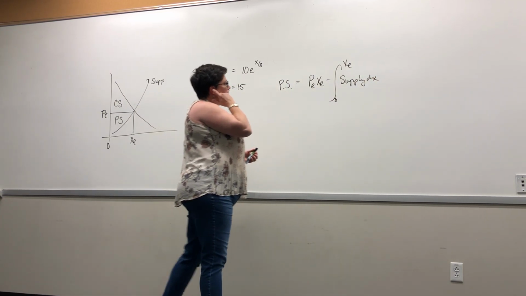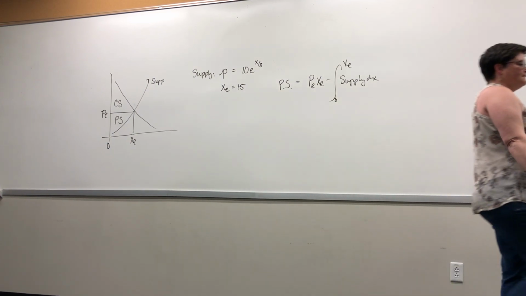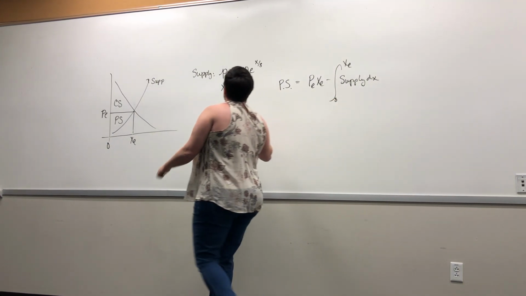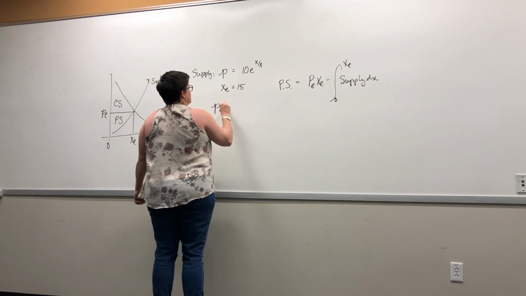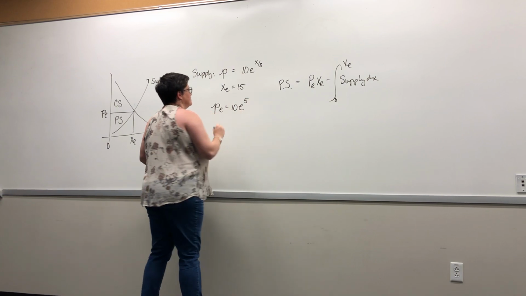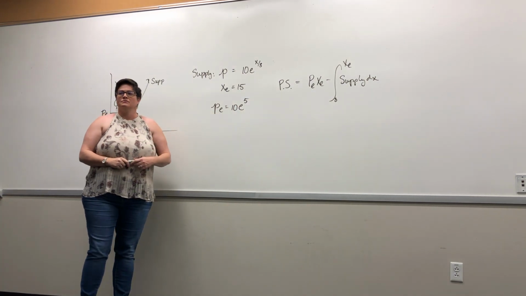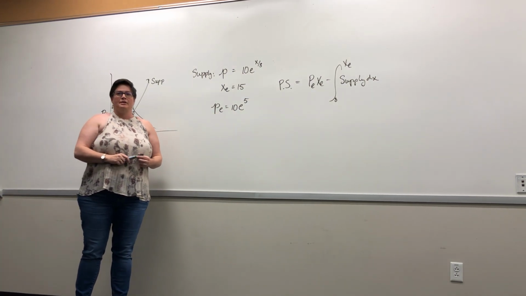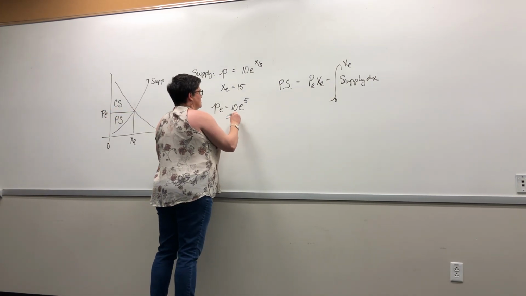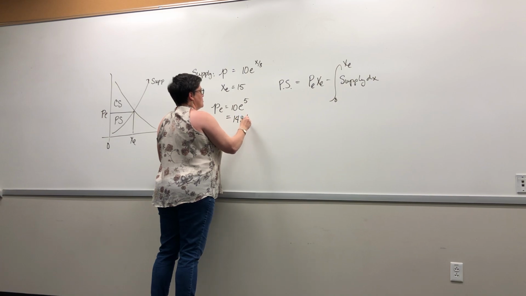So what are we missing? Price at equilibrium. Great, let's do that. So price at equilibrium equals 10e to the 15 over 3, which is e to the 5. What is that number? Anybody? 1484.13. 1484.13?